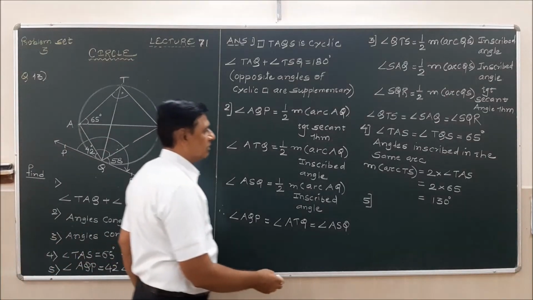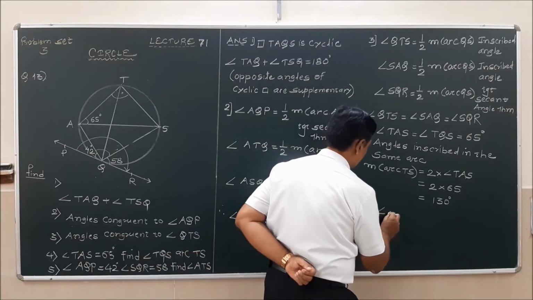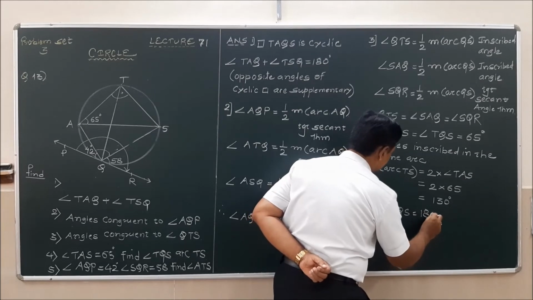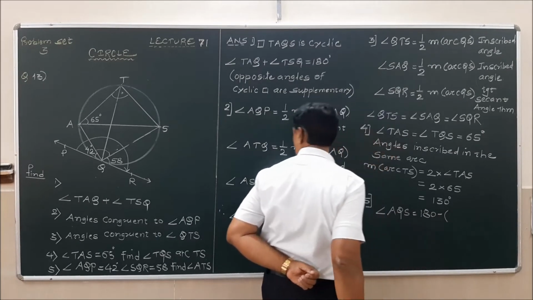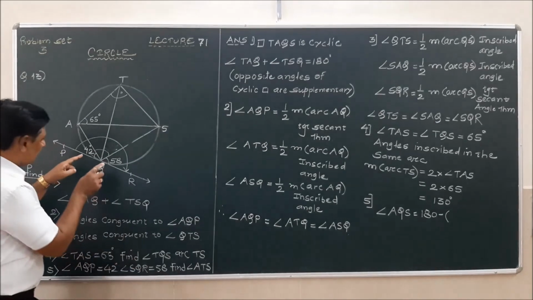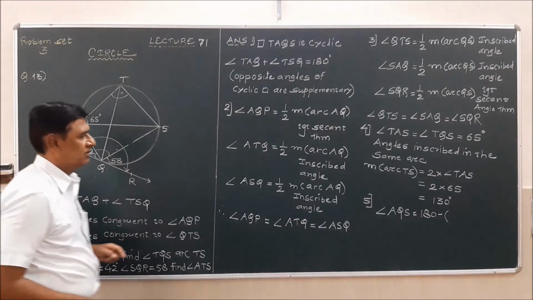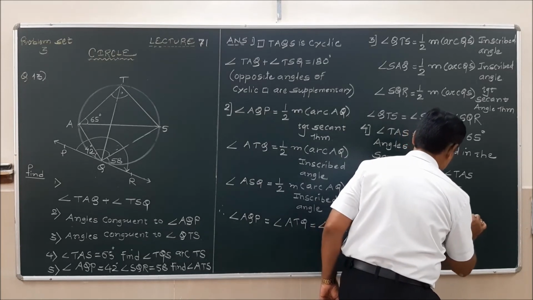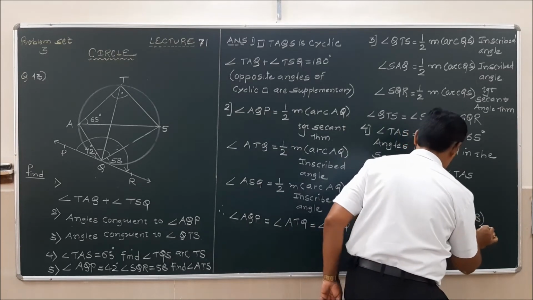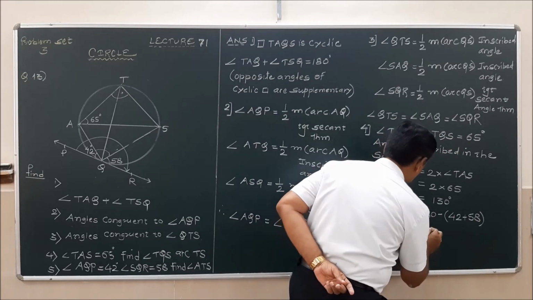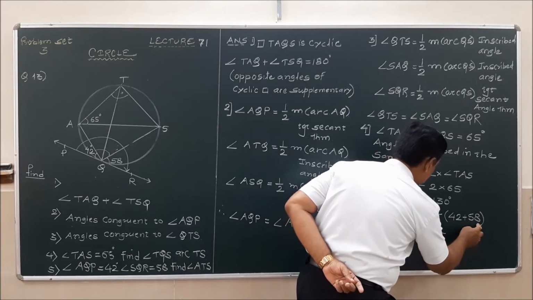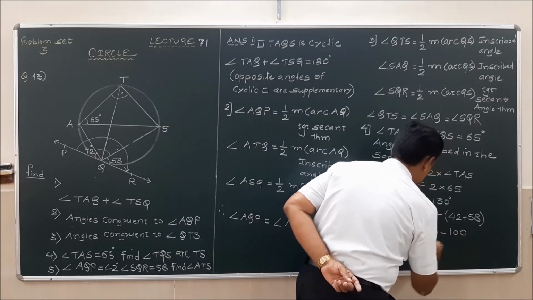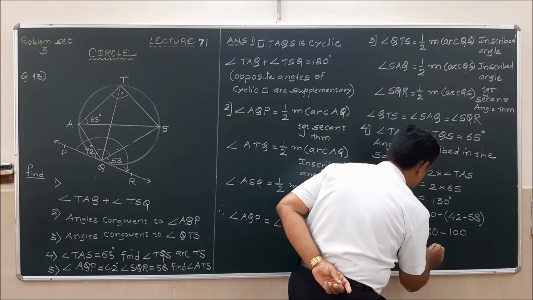Angle AQS is equal to 180 minus 42 plus 58. That will give us 180 minus 100, so that is equal to 80.